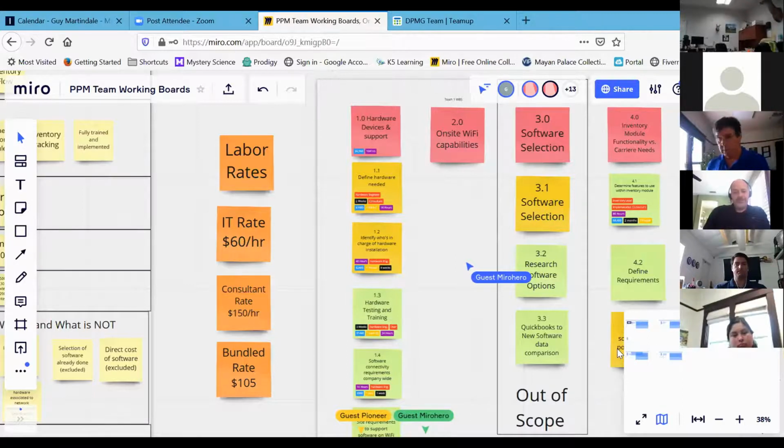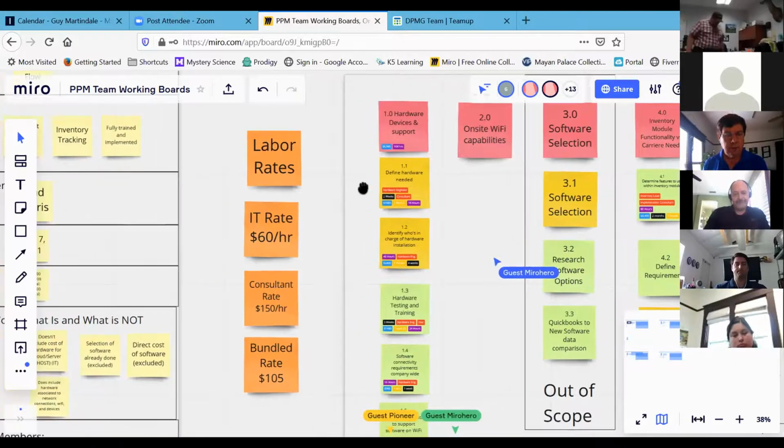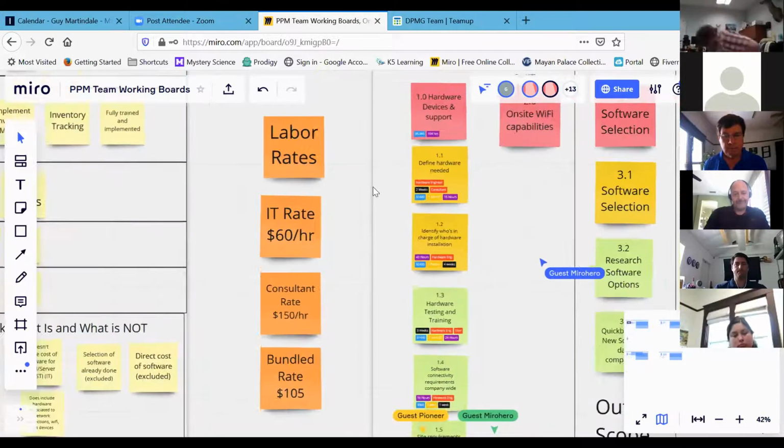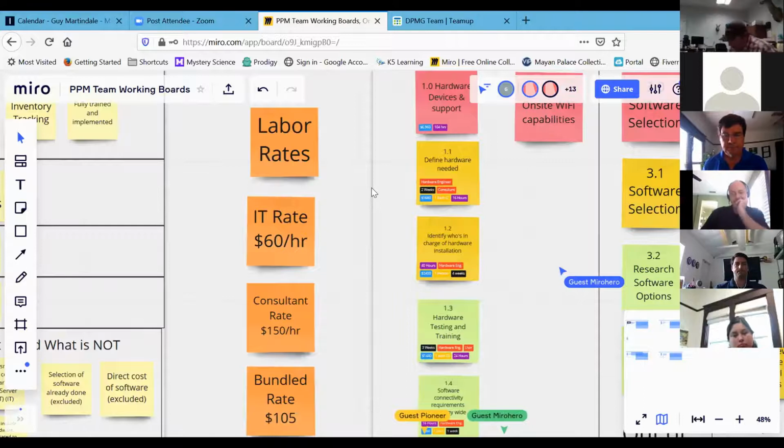Brad, do you want to touch a little bit on the multiple labor rates? Yeah, we identified three different skills that were needed: an IT labor rate, an IT consultant, and then we also had tasks that were bundled, a combination of an IT internal person and an external consultant.